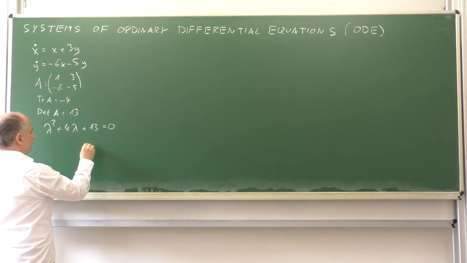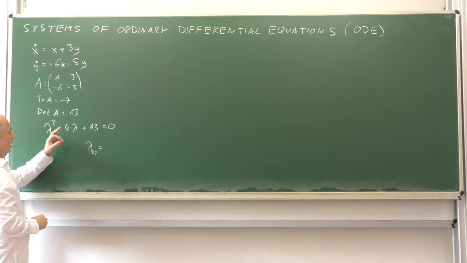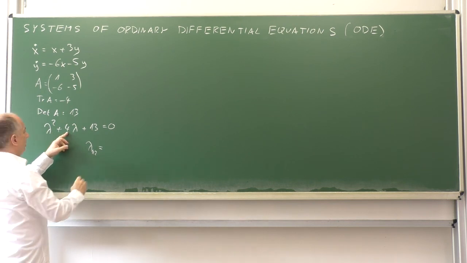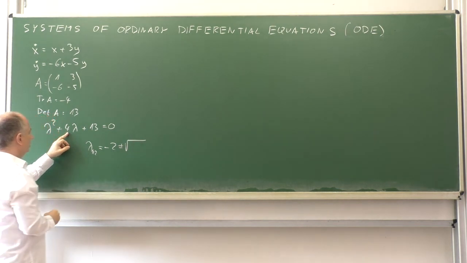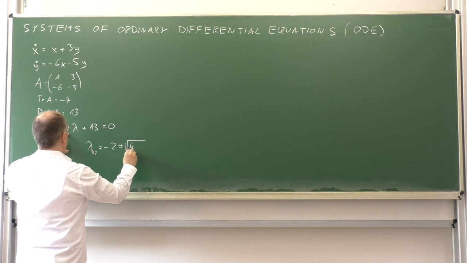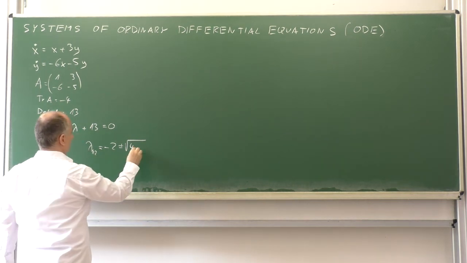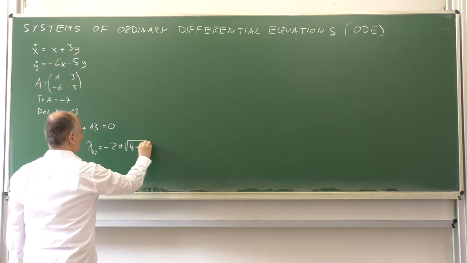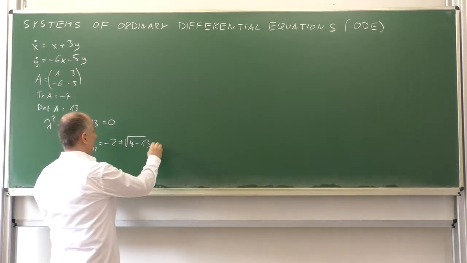Then the solution, lambda 1, 2, can be written as minus b half plus or minus square root of b half squared minus ac. But now 4 minus 13 is minus 9.